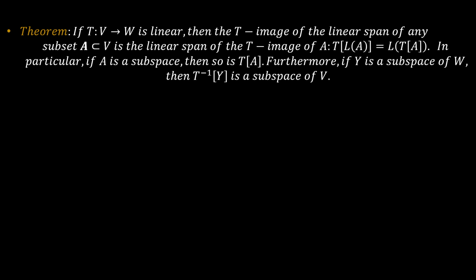So we have a very interesting theorem here: if we have a transformation T from a vector space V to a vector space W that is linear, then the T image, in other words the transformation we obtain on a linear span, a linear combination of any subset, a collection of vectors that make up A, that are elements of the vector space V, is itself a linear span of the T image of the primary collection of vectors A. We can see this here: if we have the transformation of a linear combination, or this linear span of A, by the property of linearity of T, we can pull the L out and T goes in.